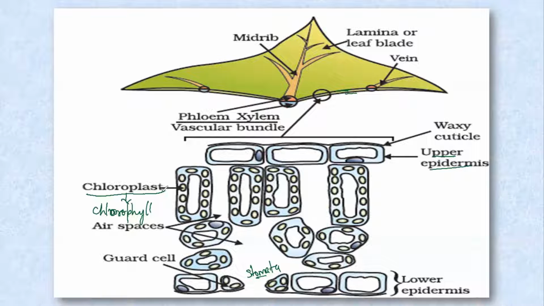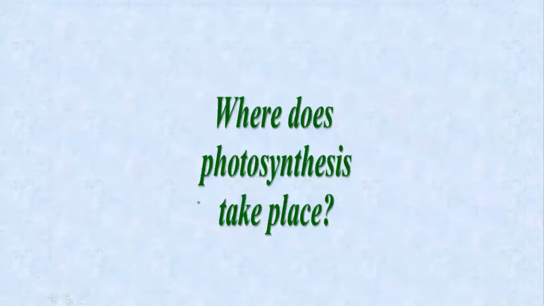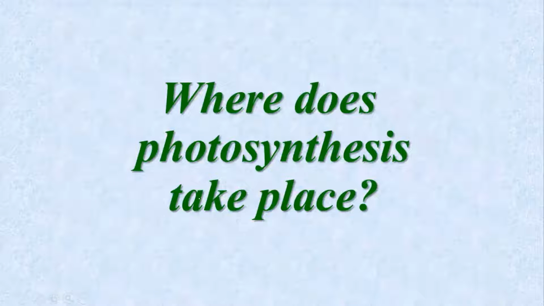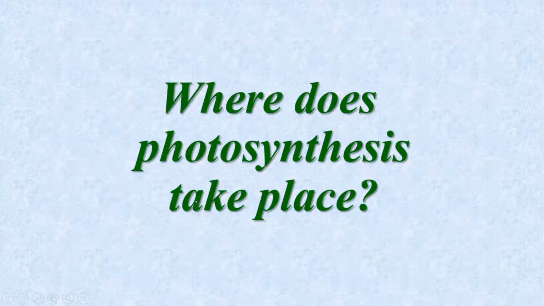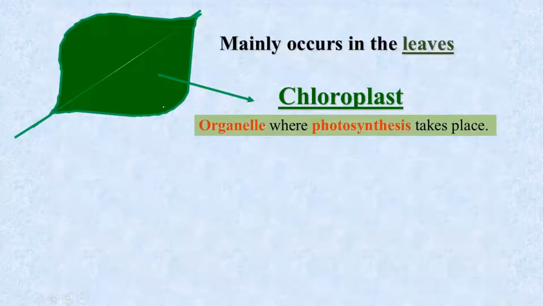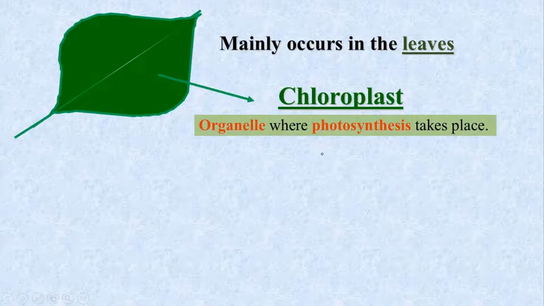So this is the chloroplast of the leaf where the photosynthesis will occur, because it is the structure that has chlorophyll. If I ask you where exactly photosynthesis takes place, your answer will be, it mainly occurs in the leaf, inside the leaf in a structure called chloroplast.